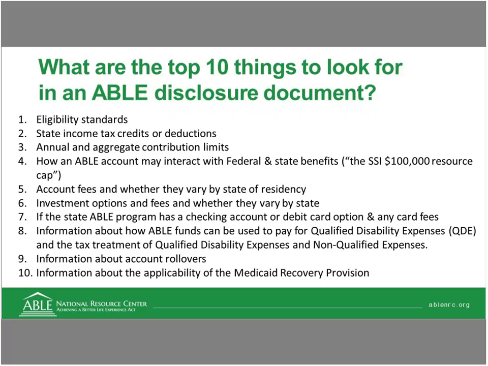Eight, information about how ABLE funds can be used, so it's going to again detail what exactly a qualified disability expense is. Nine, information about account rollovers, when that is allowed and when that's not allowed, will all be in there.